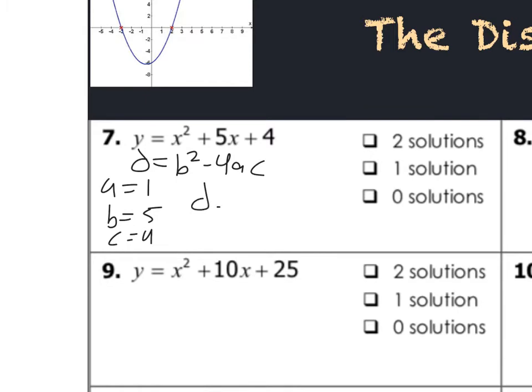D equals 5 squared minus 4 times 1 times 4, which is 25 minus 16, which equals positive 9. Because it's a positive 9, that means it's greater than 0. That means there are 2 solutions. And we did that without graphing, without creating a table.